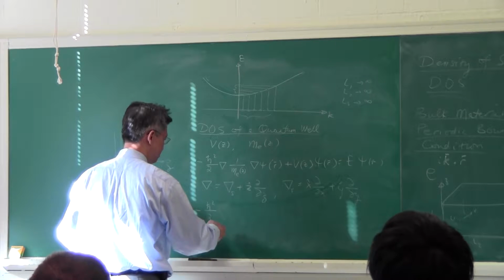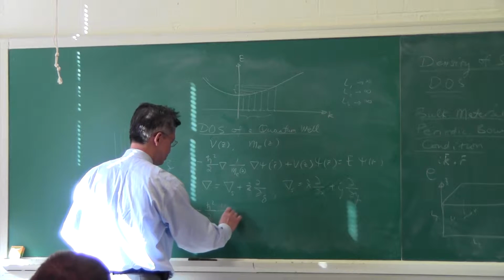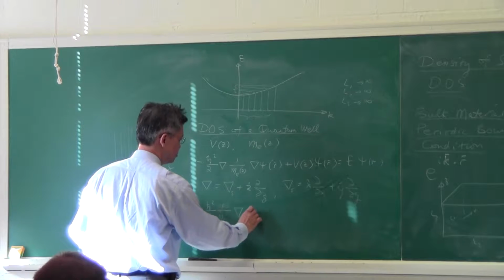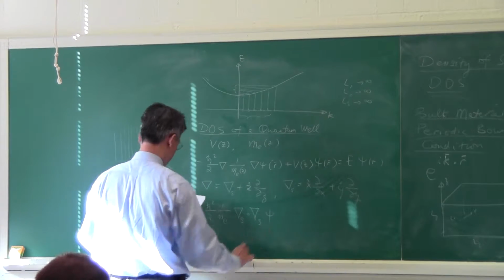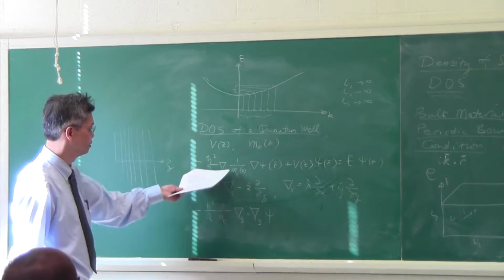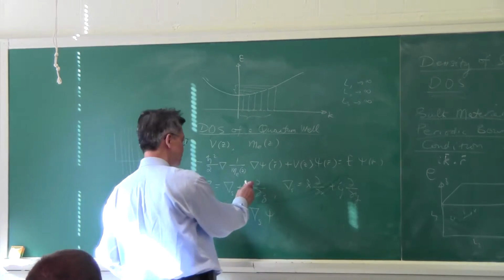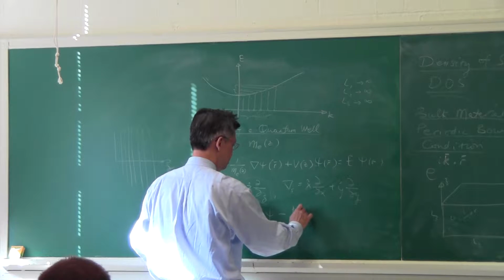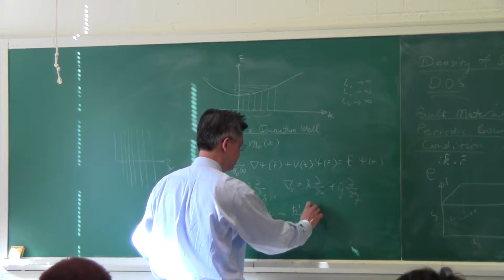Okay, so we can take the effective mass out of the transverse operator. So the first part of this thing will look like this, but then there's a partial z variation that gets left behind, and that has to be written like this.